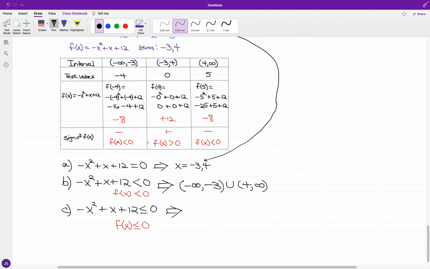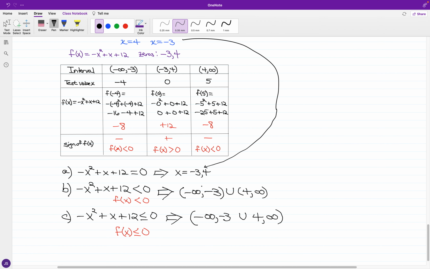Again, same direction as f of x is less than 0, so I'm involving the same numbers. Again, infinities are boundless. And again, we had the negative 3 and 4 to create the equal to 0 part. Since the segment has the equal sign, this signals that negative 3 and 4 are part of the solution, and so they will be enclosed in the brackets.